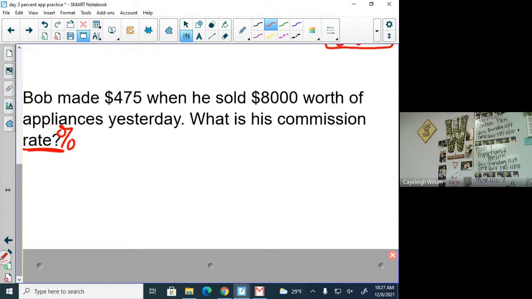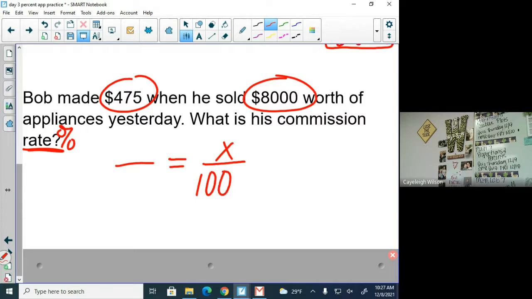All right, so that means that one of these is the part and one of these is the whole, because I know that I'm finding the percent. 8,000 is the whole, 475 is the part. He sold yesterday $8,000 in appliances. That's how much he sold.